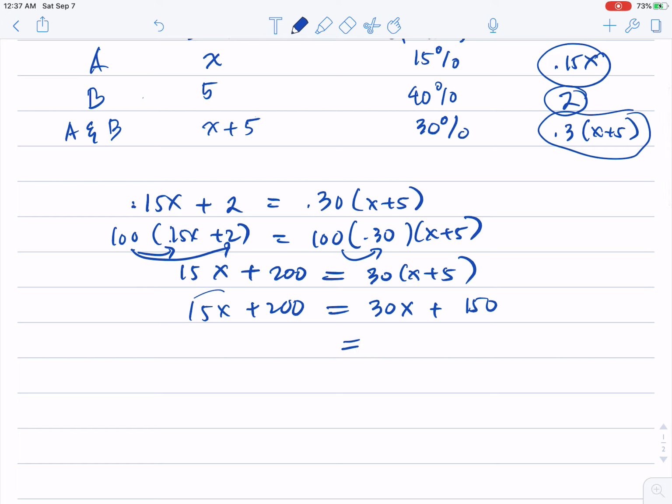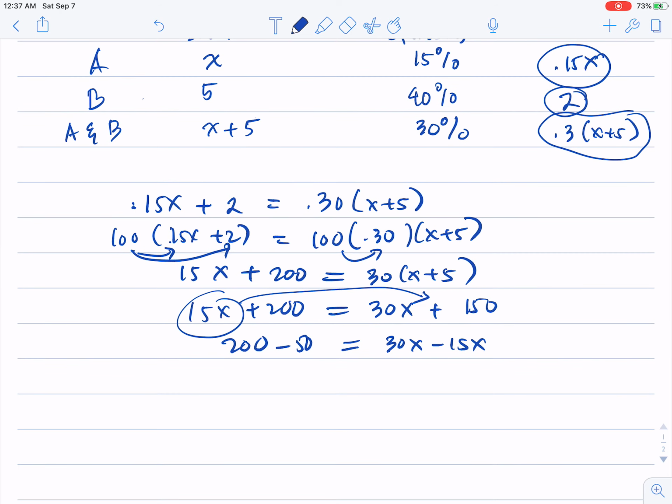Para matanggal yung 15x dito, minus tayo: 30x minus 15x is equal to 200 minus 150. Okay? Nilipat ko ito doon, kaya siya naging minus, tapos nilipat ko ito sa kabila, kaya siya naging minus. Yun yung technique nyo na lilipat-lipat, but you're actually subtracting or adding expressions.